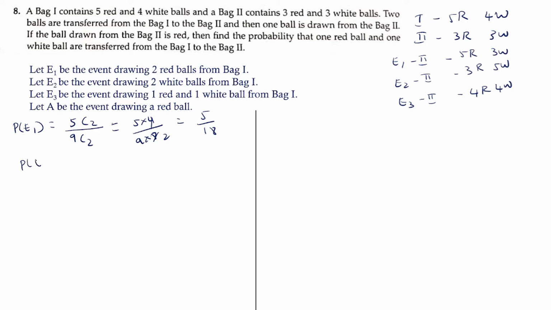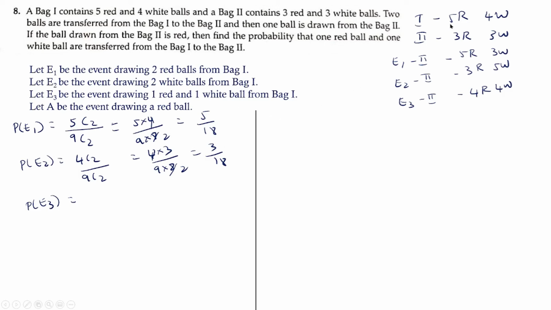Then probability of E2 is the event drawing 2 white balls from bag 1. So 2 white balls can be drawn from 4 white balls in 4C2 ways upon 9C2. So this is 4 into 3 upon 9 into 8. This is 3 by 18. Then probability of E3 is the event drawing one red and one white ball from bag 1.